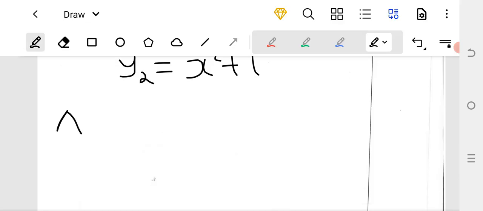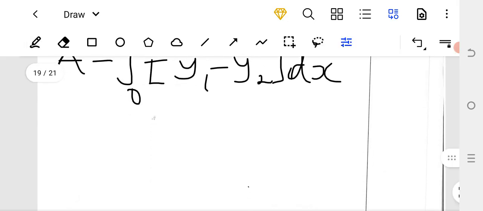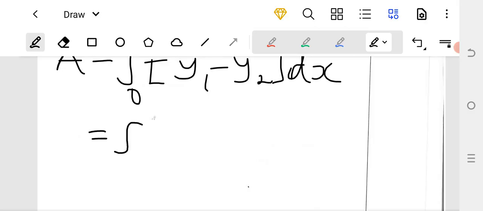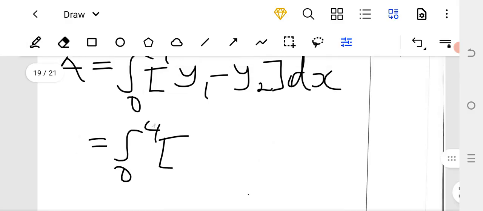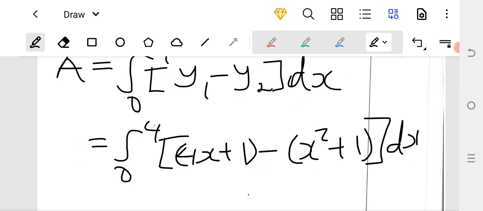So the area of the shaded region is equal to the integral from 0 to 4, because we know the point P is 4, of y1 minus y2 with respect to x, dx, which is equal to the integral from 0 to 4 of y1, which is 4x + 1, minus our y2, which is x squared + 1, dx.